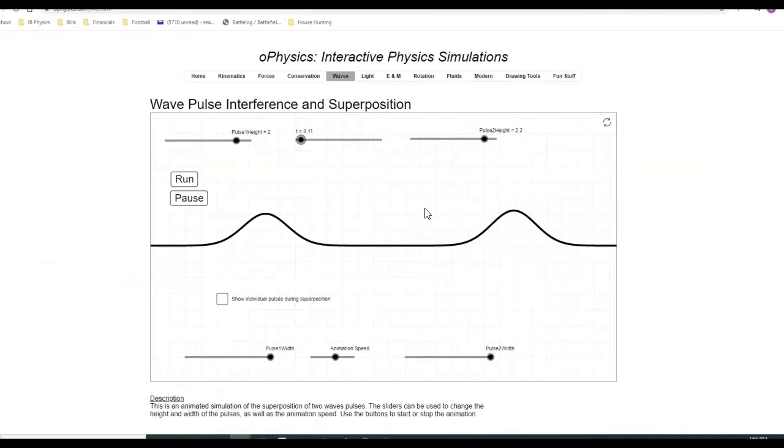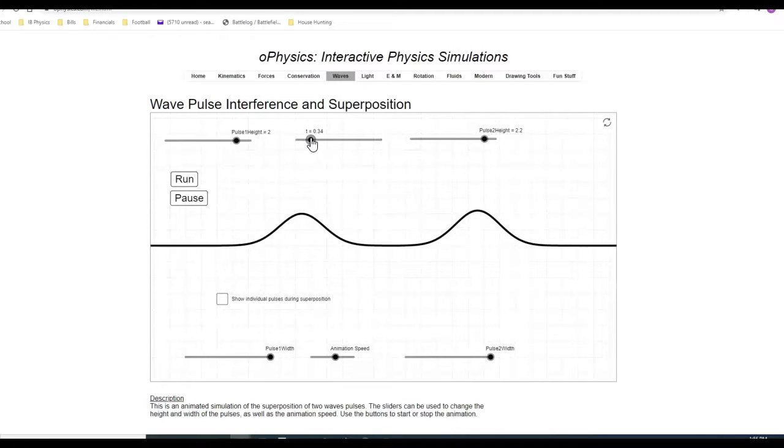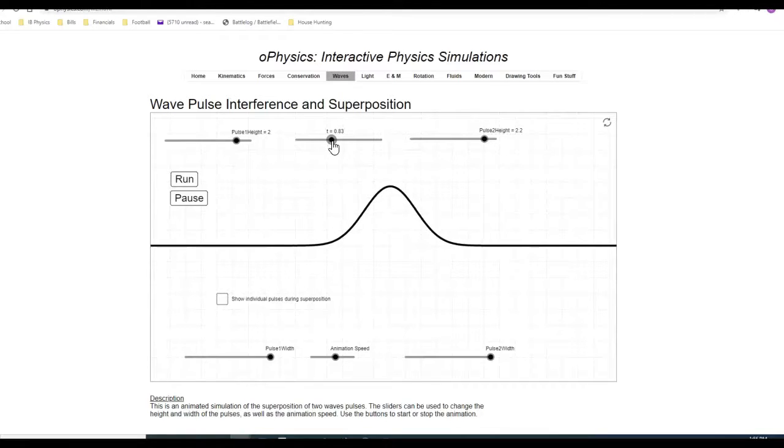If you have two wave pulses, while they are overlapping, there's going to be superposition. If you're adding a positive wave pulse to another positive wave pulse, or negative to negative, you're going to get a bigger value than either of the two individual wave pulses alone. In other words, if you were to measure the height of these two wave pulses while they're overlapping, you get an overall bigger wave.